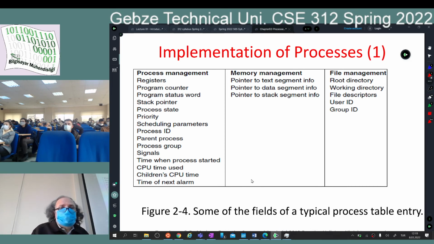For each process I have this kind of information depending on the operating system in my process table. The information about process management, the information about memory management, information about file management. For example, for the process management, I need to keep copies of my registers when I am waiting in the ready queue or the block queue.